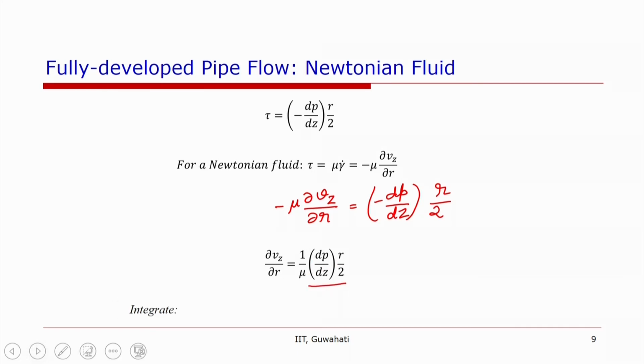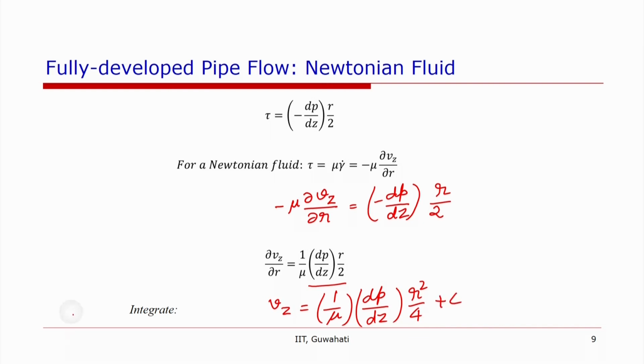So let us integrate it, and we will get Vz is equal to 1 over mu dp by dz r square by 4 plus c, where c is a constant.